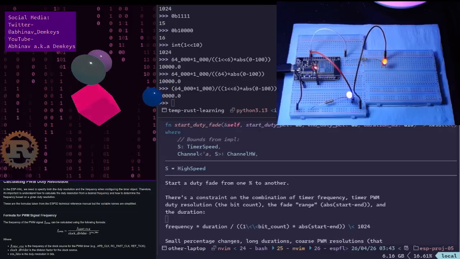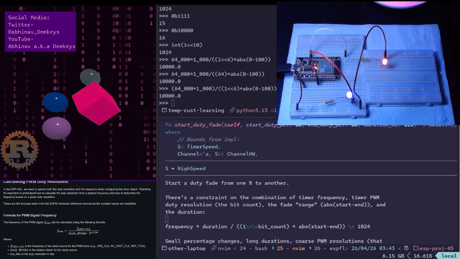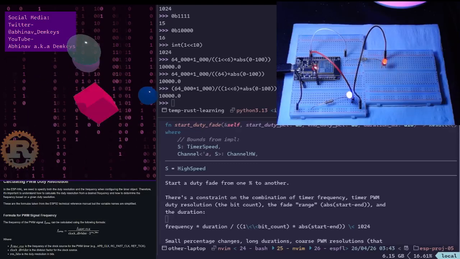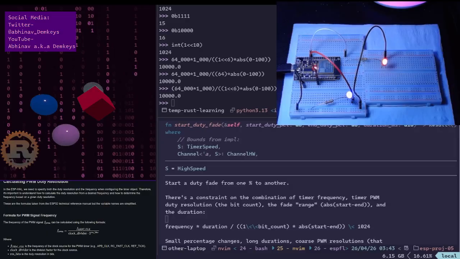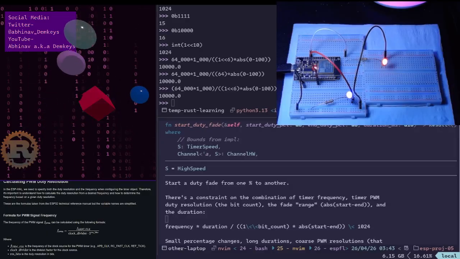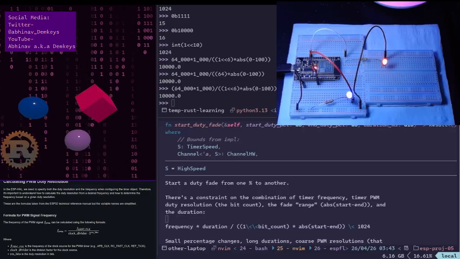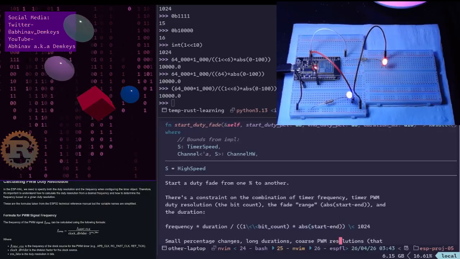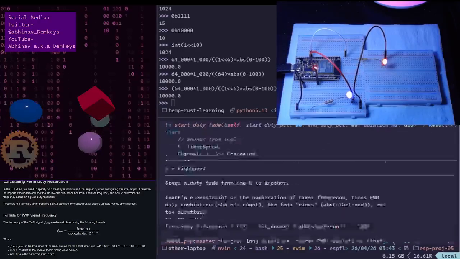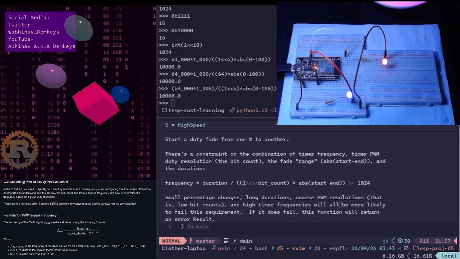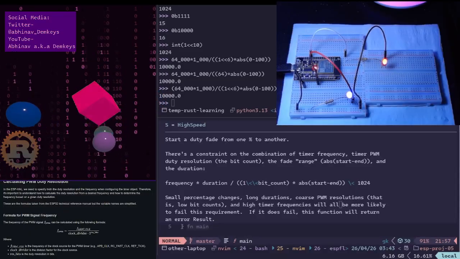Yeah, I don't think that would be 80 million. Okay, the fade range and the duration. Duration is also mentioned here. Small percentage changes, long durations, and higher frequencies will all be more likely to fail this requirement.